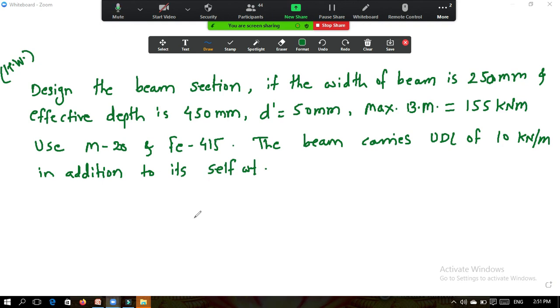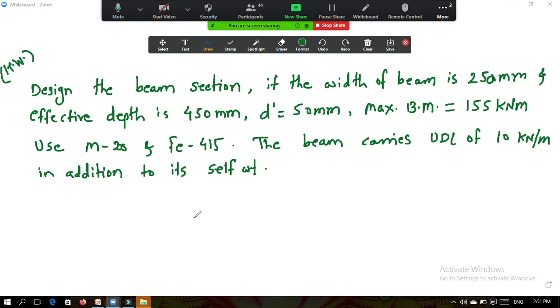Okay, the problem is the same as the first problem we solved in today's lecture, and this problem is very much similar, but the only thing is that after the calculation of Ast and Asc, we were directly going to sketch the reinforcement. Here you can't directly sketch the reinforcement, you have to take the check for shear.